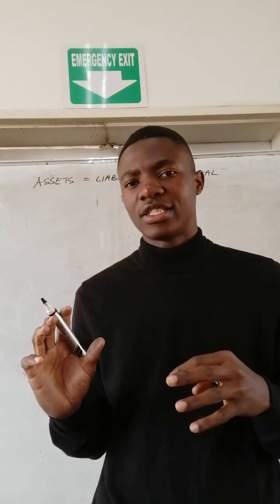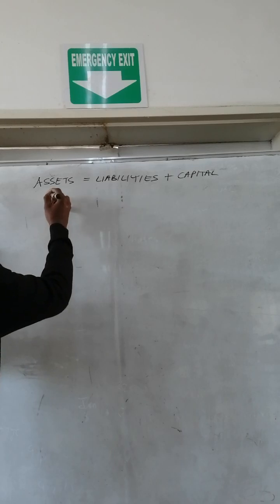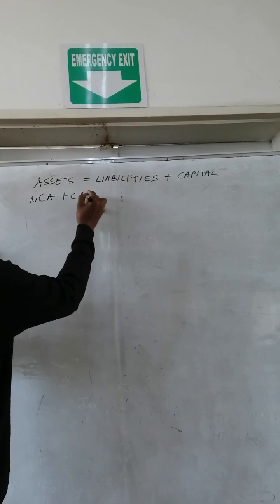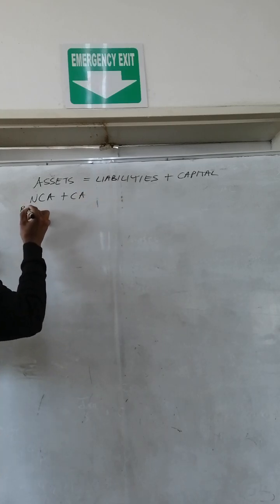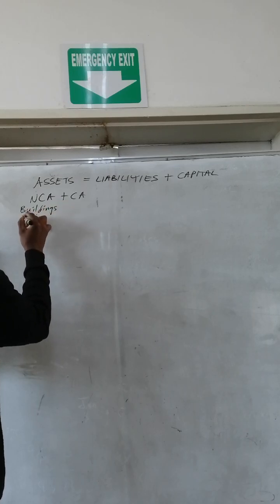On assets, we have non-current assets plus current assets. On this one we have buildings, furniture and fittings.